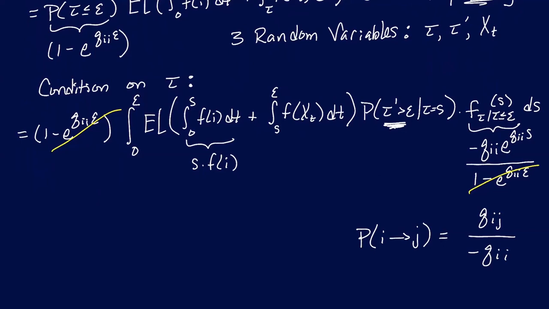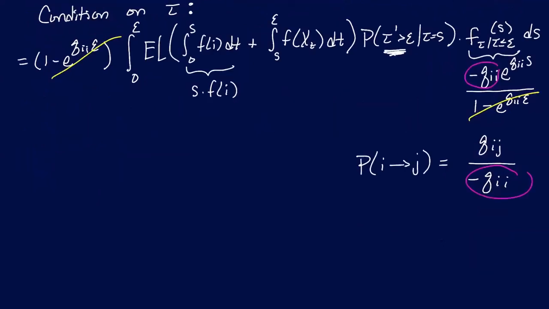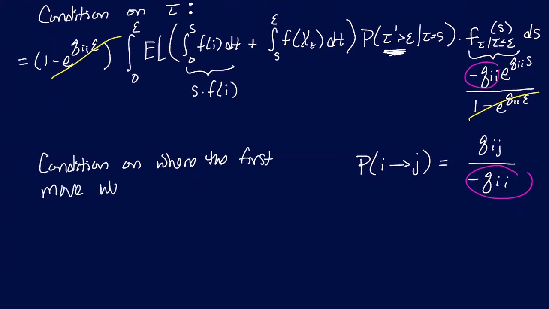So when I write the next line, this is going to disappear and cancel with this. And the next line is, I'm going to condition on where the first move went to. So I started at I, and where did I go?